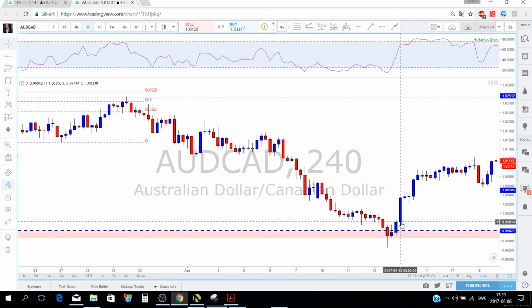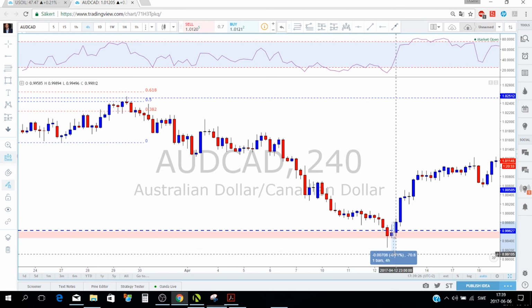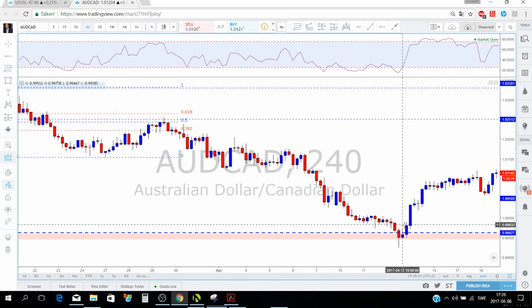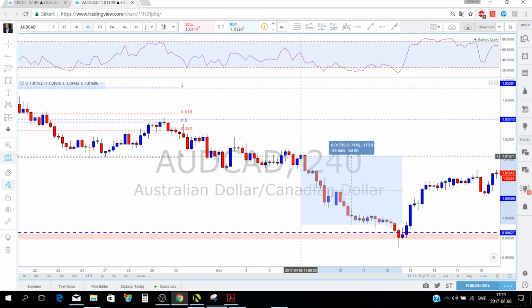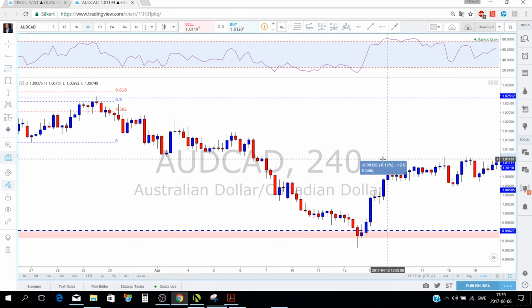and there you go, long on the next candle. In this case we didn't have a lot of retracement, but this was also not a huge candle. Your stop loss should be somewhere about 70 pips, and if you want, you could trade this to a retest of these highs, that would be also possible.